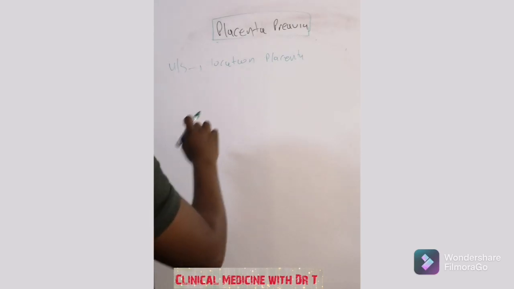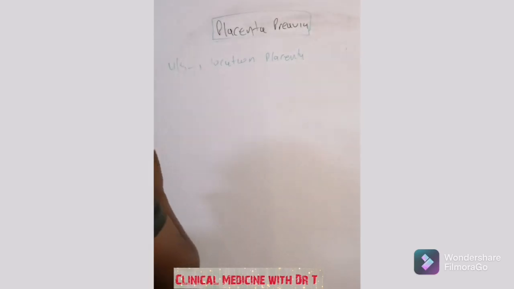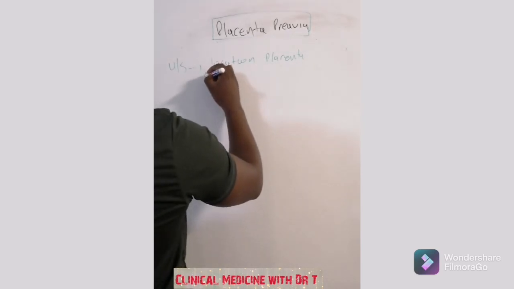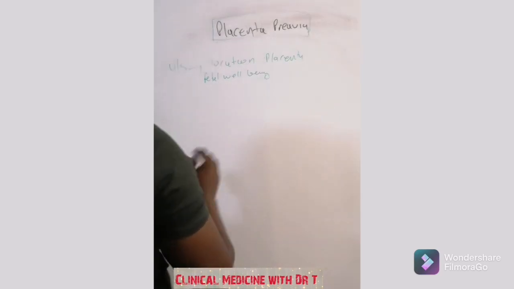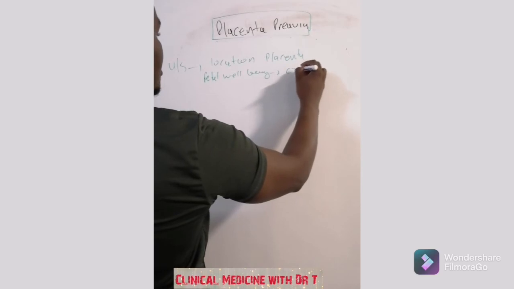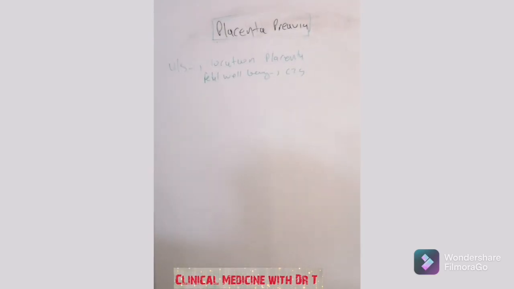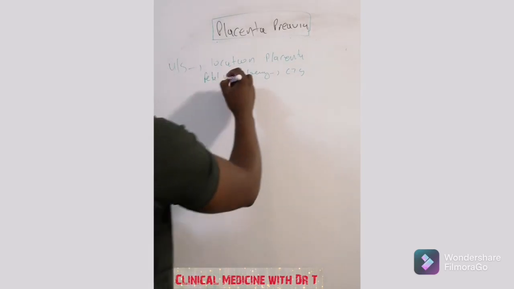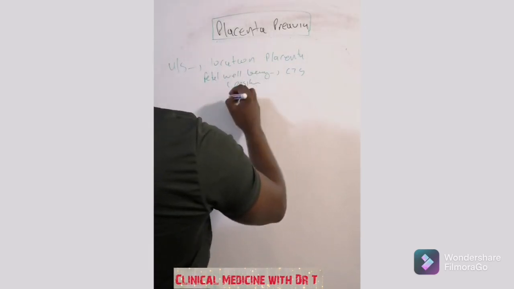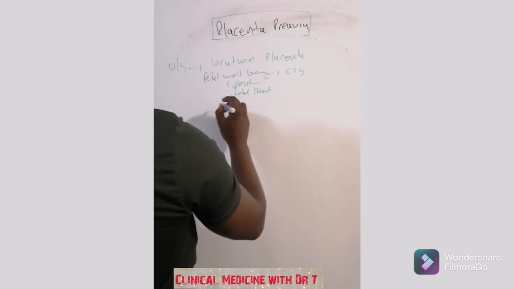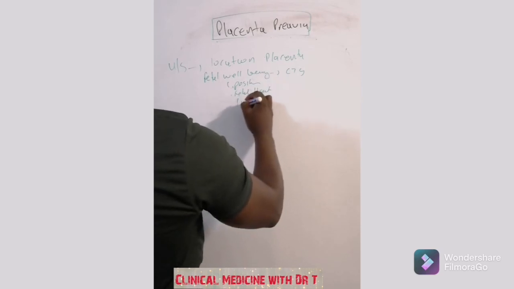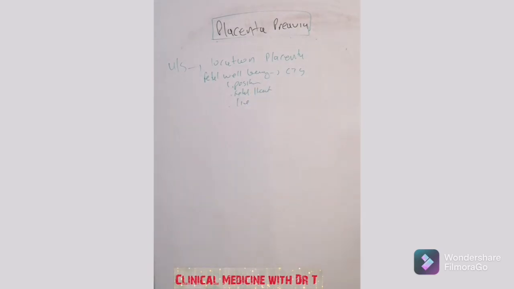After checking the location of the placenta, we check the fetal well-being. Obviously, this baby must have a CTG, and then you'll look at the lie, the position of the baby, fetal heart activity, that kind of thing.